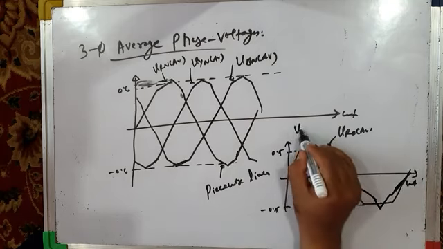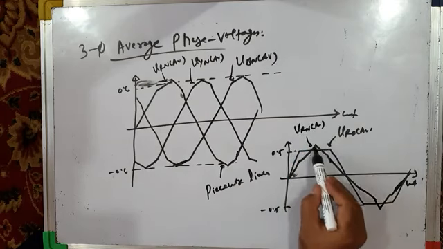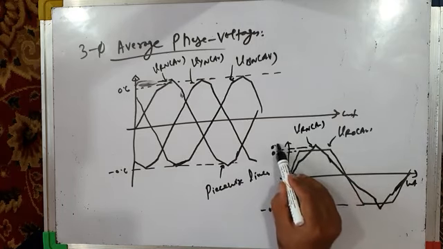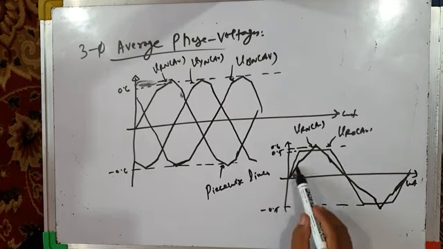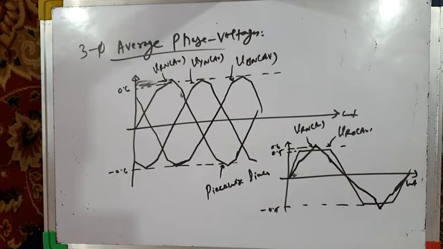This is your phase voltage VRN average. So it is different. And its peak value is around 0.6, not exactly 0.6. So you can see average phase voltage is totally different from average pole voltage. This is the effect of higher modulation index.